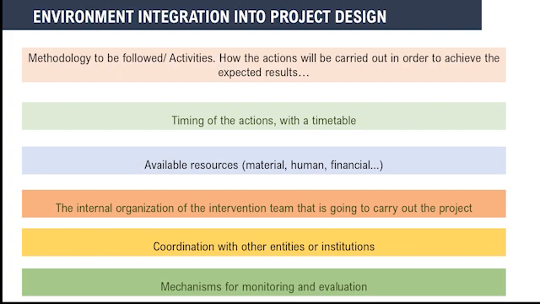Also, in the previous part we identified other entities or institutions to create networks. So this is the time to coordinate with the other entities or institutions. And then we also need to design the mechanism for monitoring and evaluating our project.